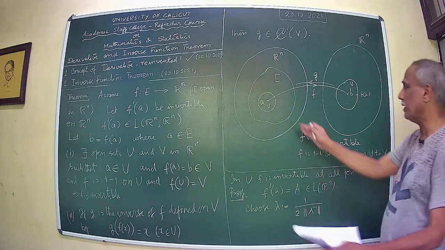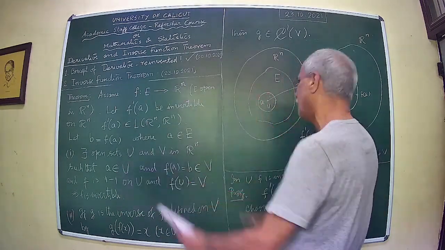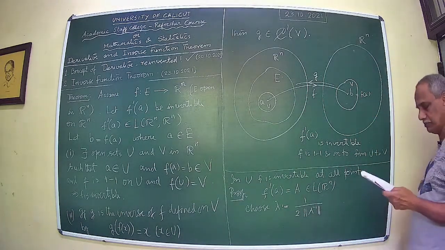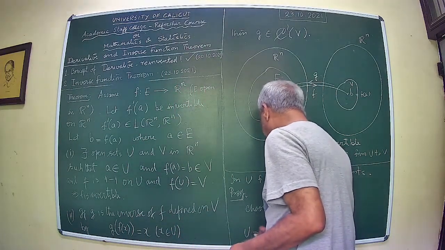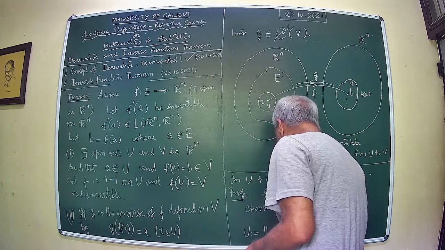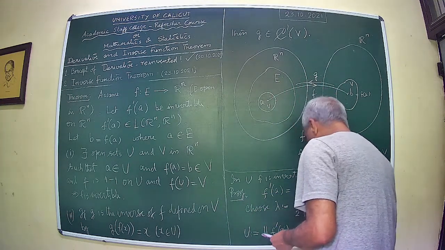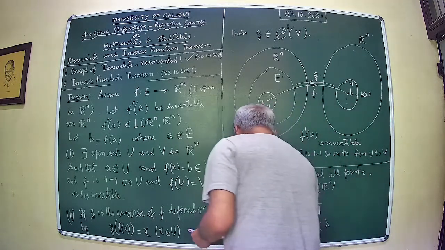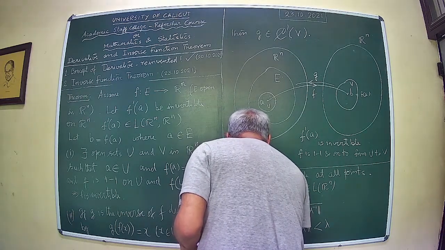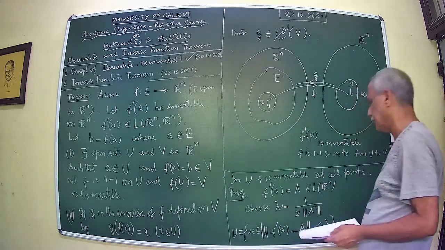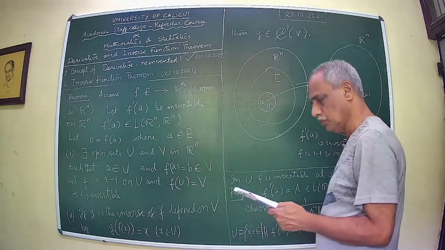You are not saying that this is the best possible U that you can choose; you are saying there exists a U. Now you define U as the set of all x for which the norm of x minus A is less than lambda. That is how you choose your U.